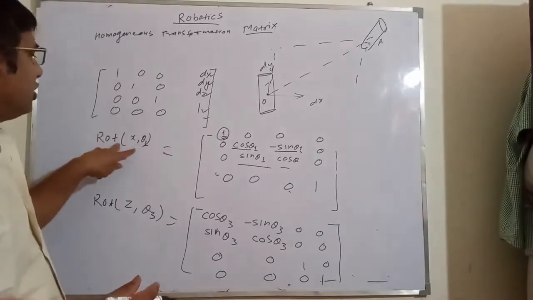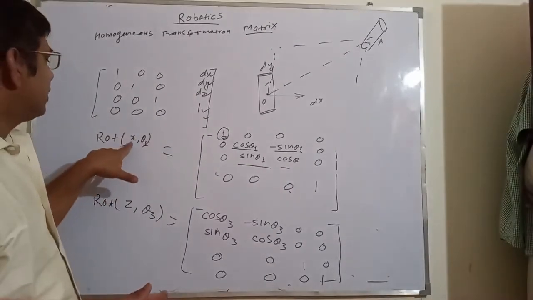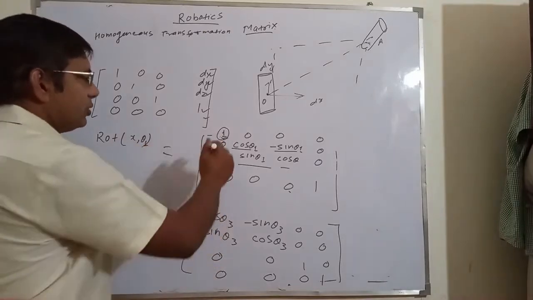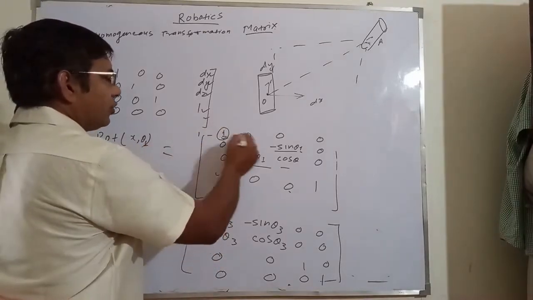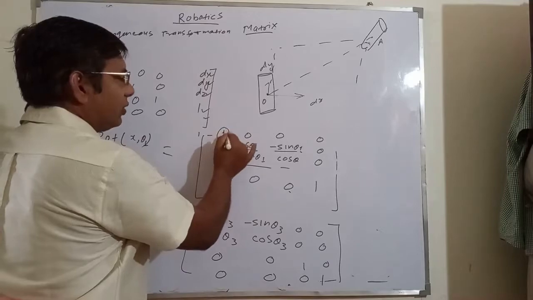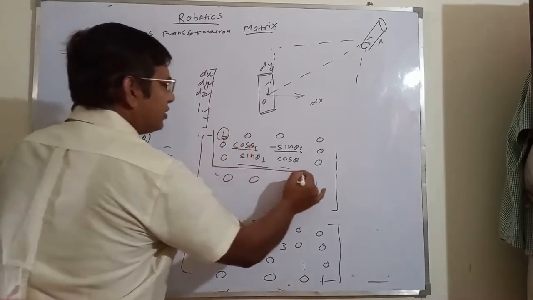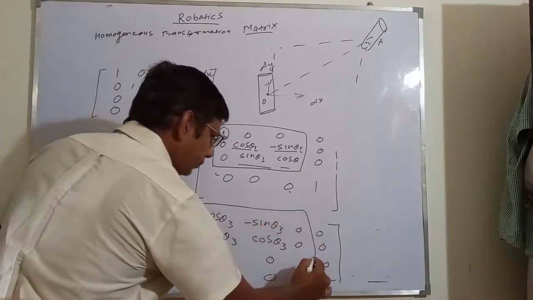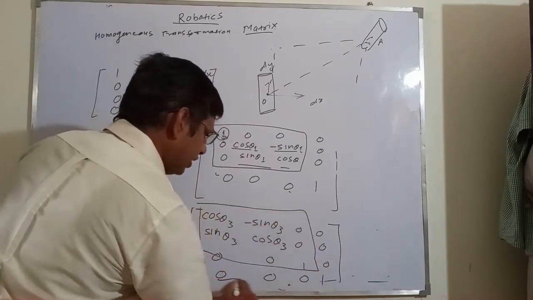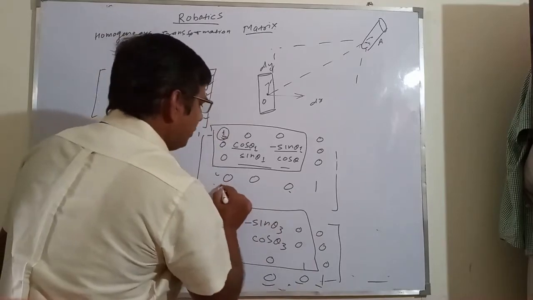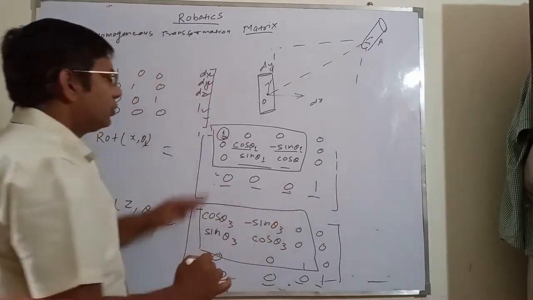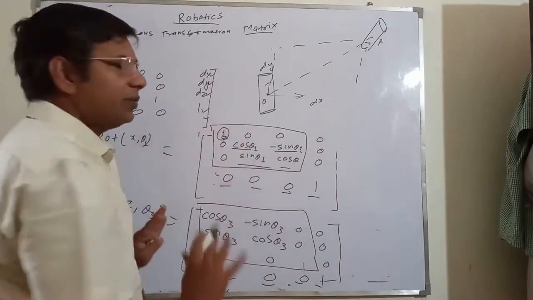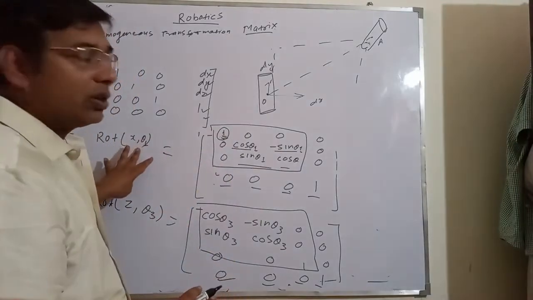One way to remember this: because this is x, the x position is 1 in the first row, first column. If we consider the 3 by 3 part, the last row is always 0 0 0 1, so only the 3 by 3 matrix has to change according to the given theta.